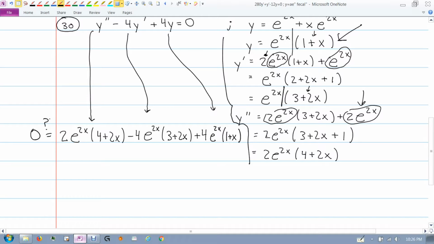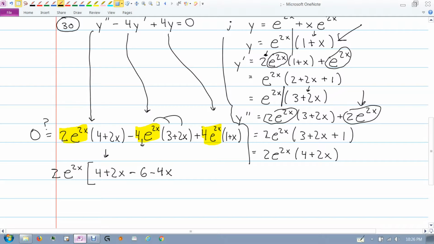Well, I'm noticing that every one of these things has a 2e to the 2x. So let me pull that out so it doesn't get in my way. Now what would I be left with if I did that? I'd be left with the 4 plus 2x from here. If I pull a 2e to the 2x out of that one, I still have a negative 2. And that negative 2 has to distribute through, so it's going to give me negative 6 and then minus 4x, because it's a negative 2 that distributes.